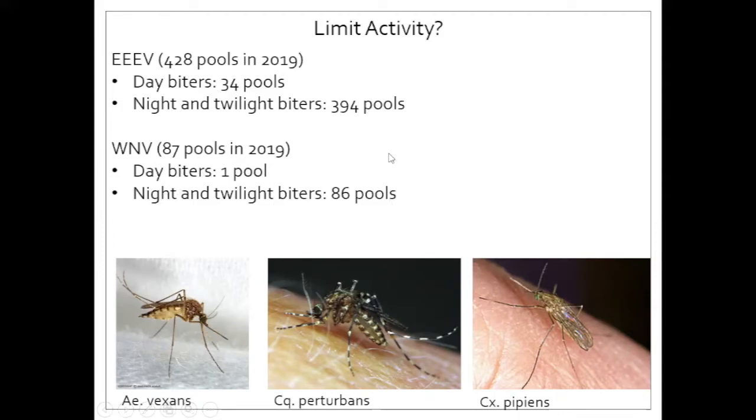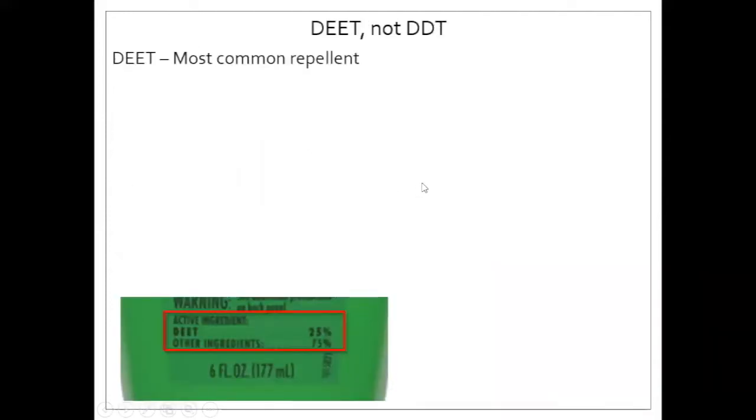So you can see that by limiting your activity to the daytime, you can reduce the chance that one of these infected mosquitoes is going to come in contact with you. But it's never really going to reduce it down to zero. So in that particular case, it's still always important to use repellents and other protective measures, even if it's the middle of the day.